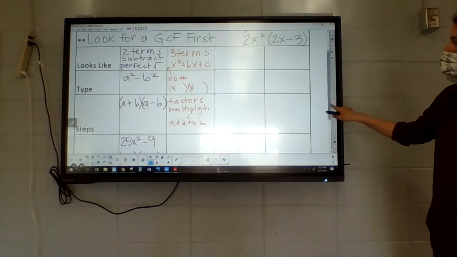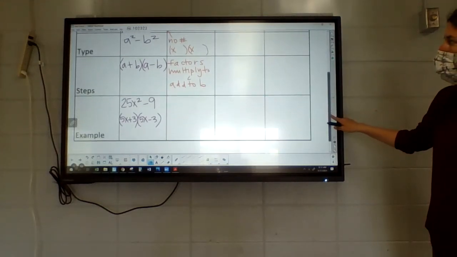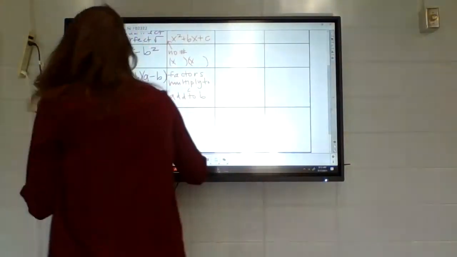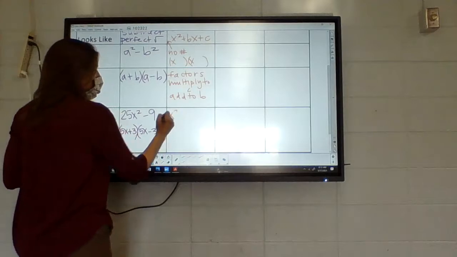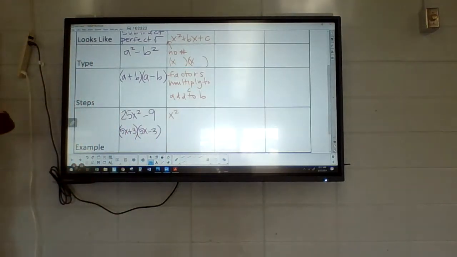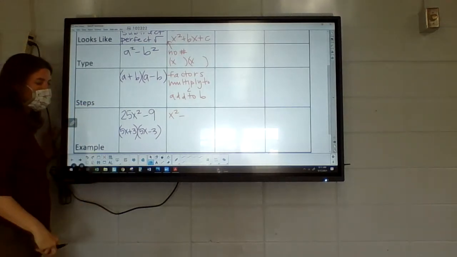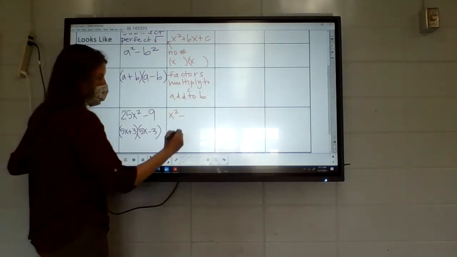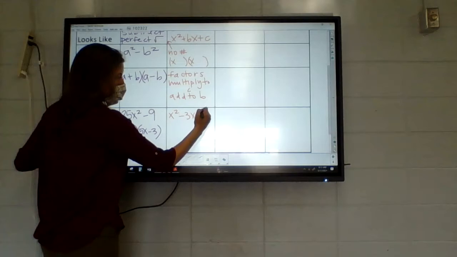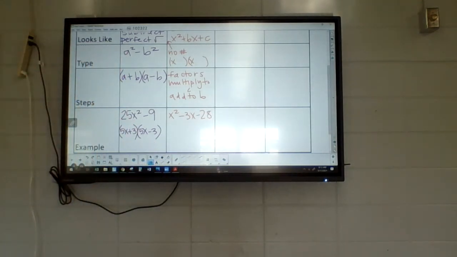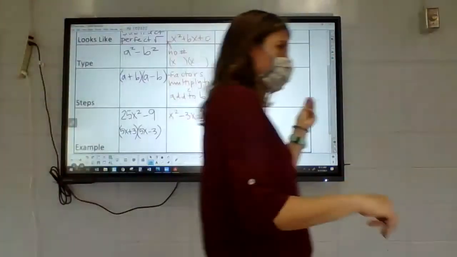So do an example. Has 3 terms. Again, there's no GCF, so don't forget to check for that GCF.